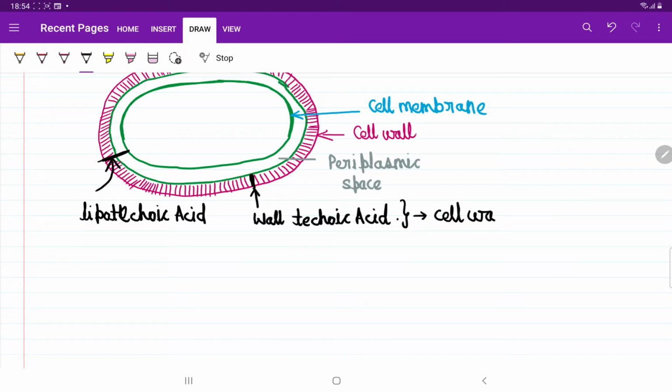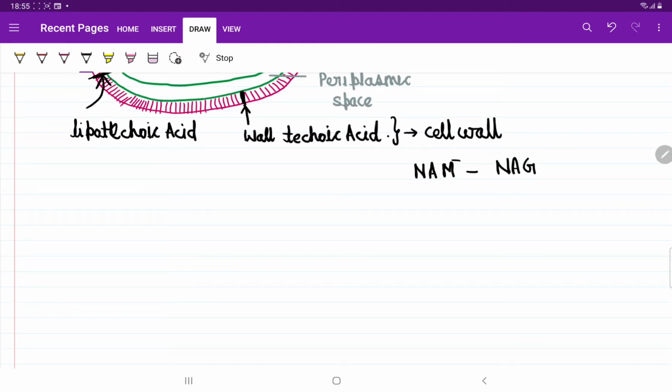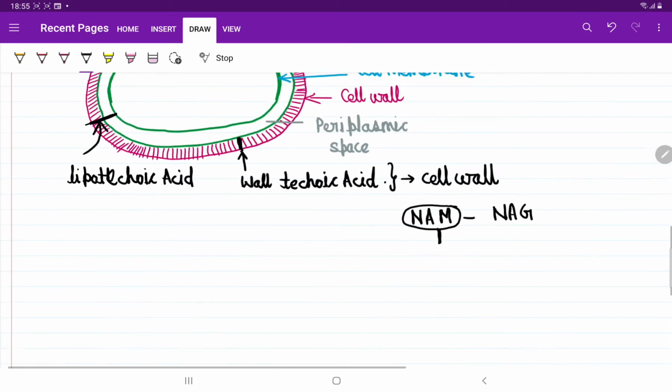The cell wall of the bacteria has peptidoglycan, and you all know peptidoglycan is formed by N-acetyl muramic acid and N-acetyl glucosamine. The wall teichoic acid is actually present in linked form with the N-acetyl muramic acid.